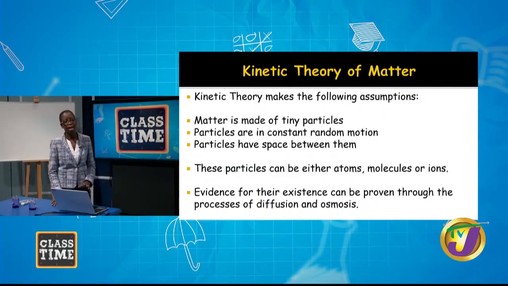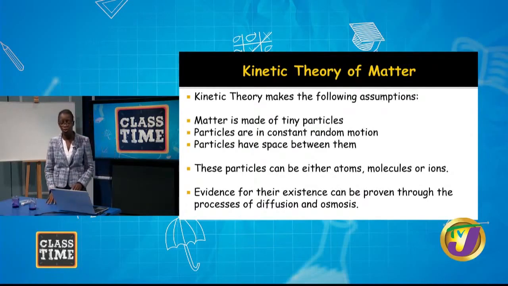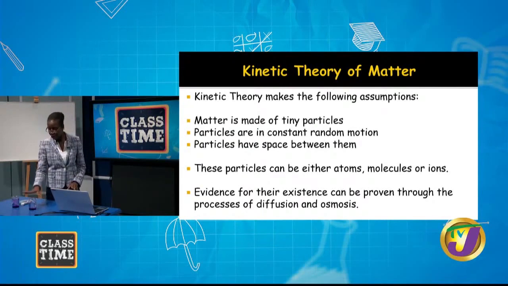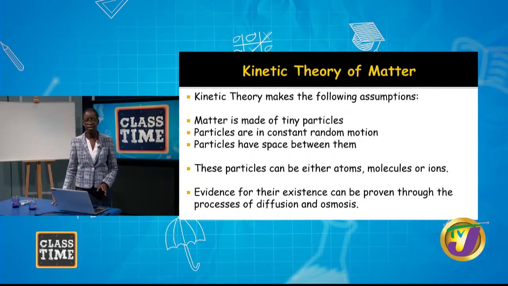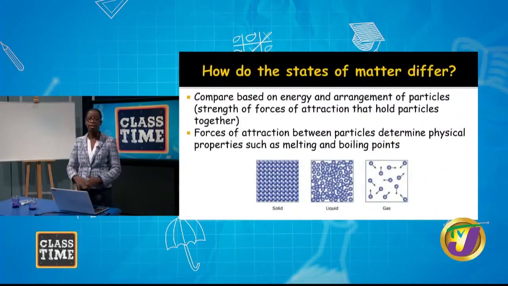The particles can exist as atoms, which would be the smallest division of matter. They can exist as molecules, and they can exist as ions. And evidence for this theory, as we have shown, can be proven by diffusion as well as by osmosis.